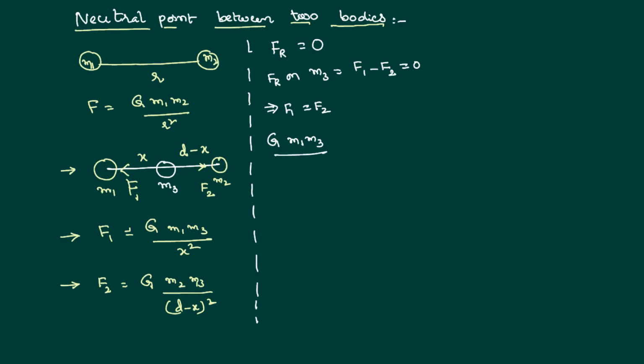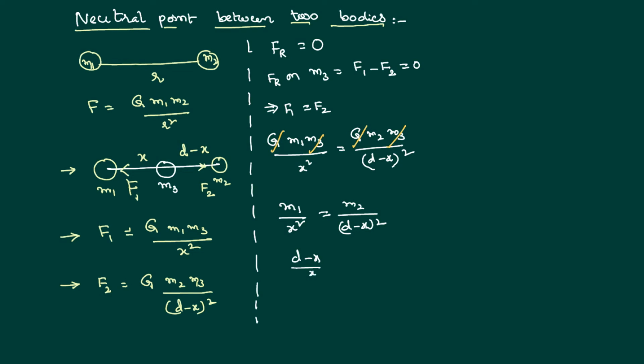G m1 m3 by x square equals G m2 m3 by d minus x whole square. So we can cancel the G's and m3's, and write the remaining equation as m1 by x square is equal to m2 by d minus x whole square.